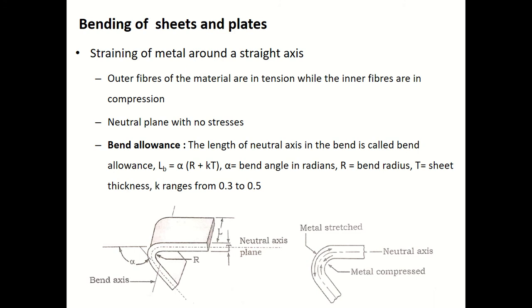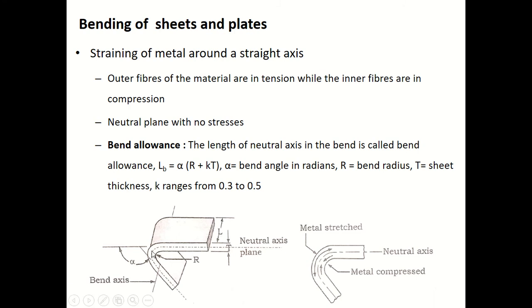The outer fibers of the material are in tension while the inner fibers are in compression. And there is a plane which is unaffected by both tensile and compressive stresses. This is called the neutral plane, with no stresses.